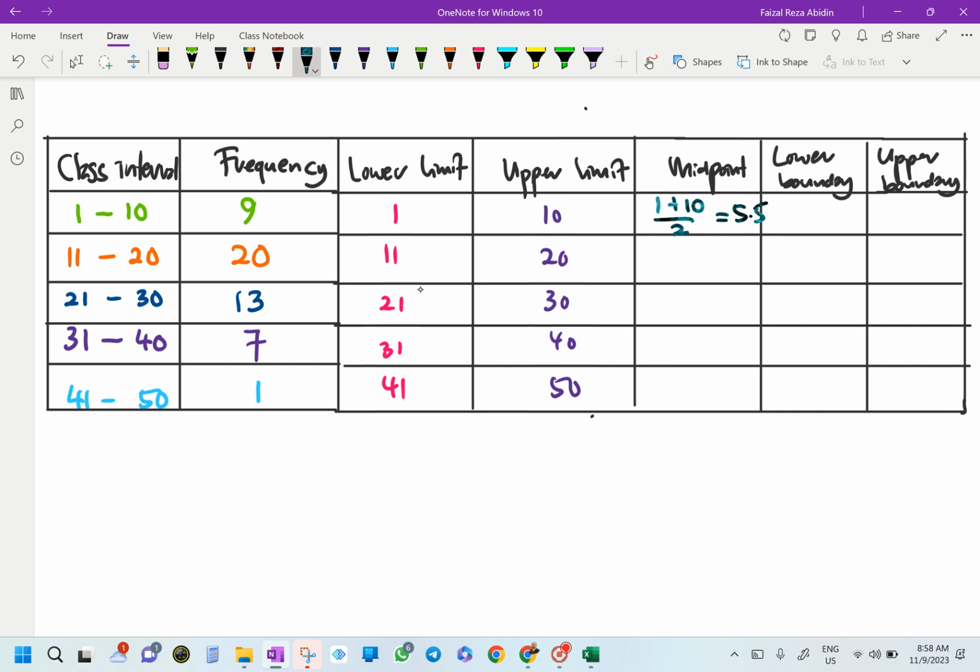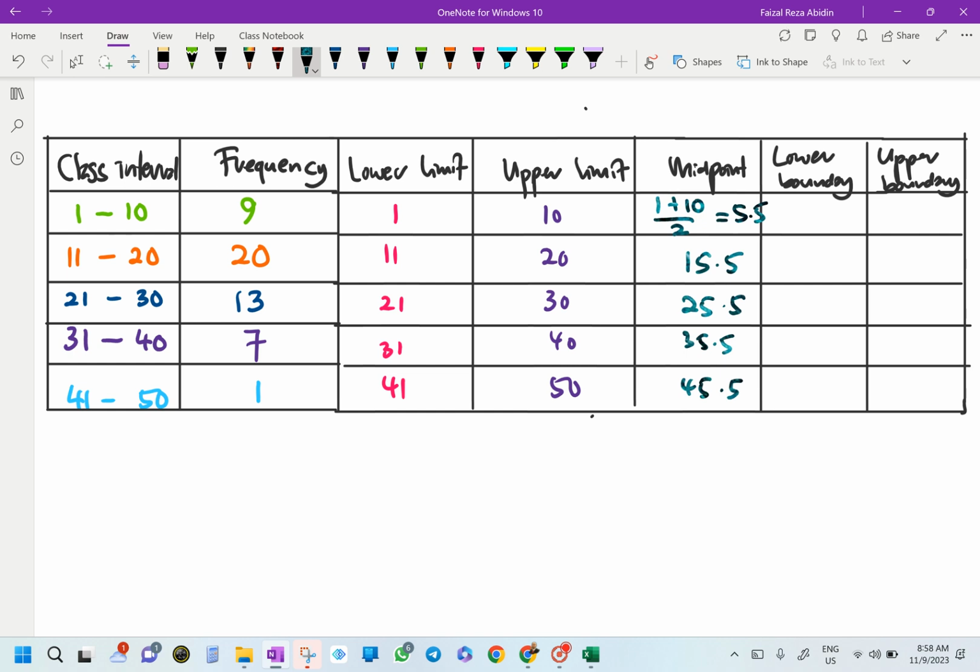For the next one, 11 plus 20 divided by 2, 15.5. This one 25.5, 35.5, 45.5. You can see the pattern there. Right? Okay.